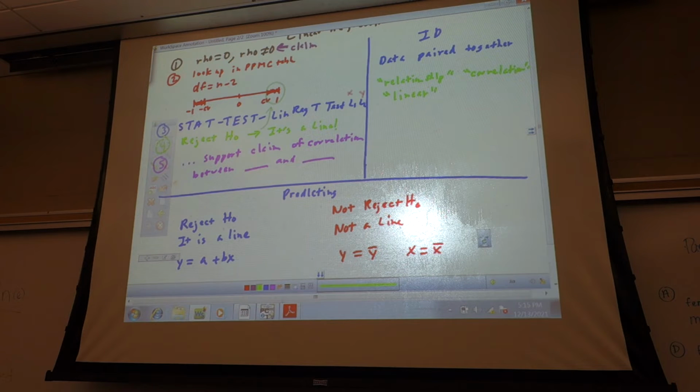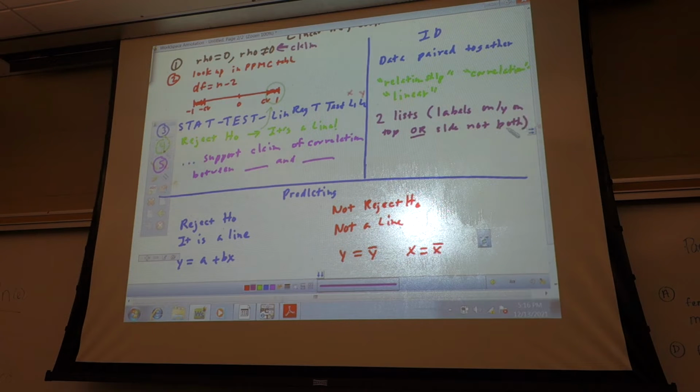Okay. Good. What else? So there'll be two lists. There'll be labels only on top or side, not both.